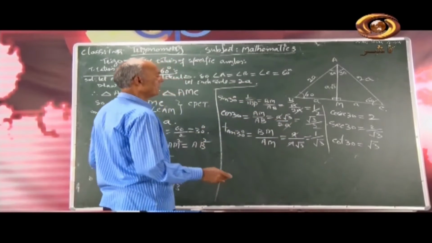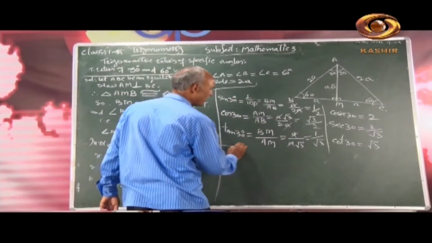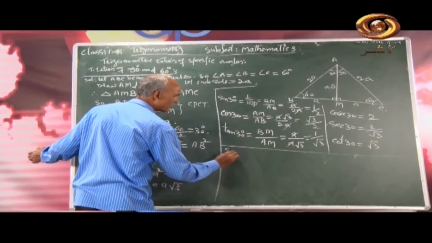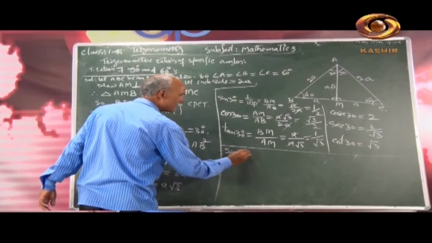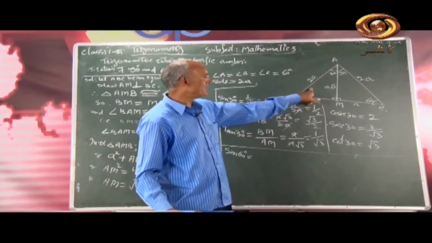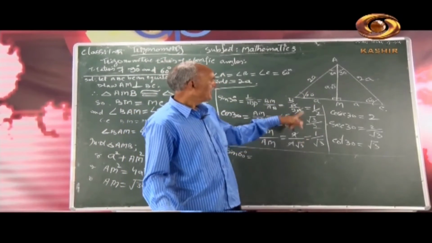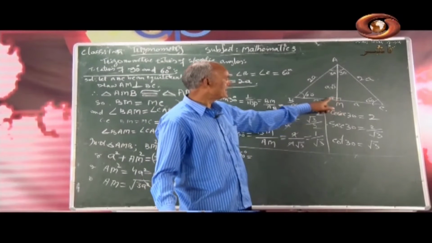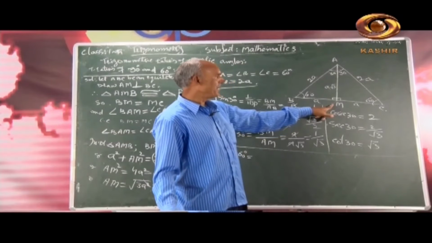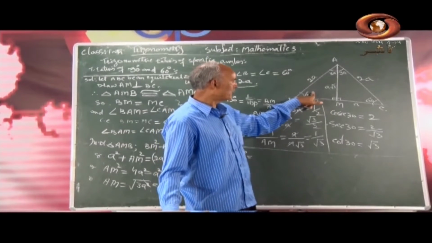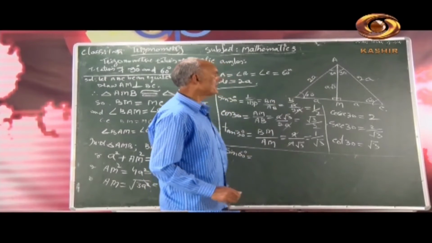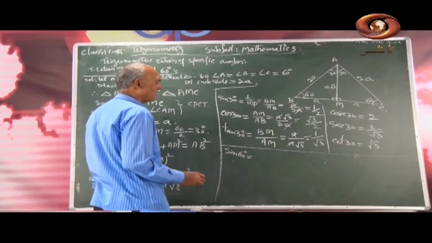Similarly, from the same triangle, we can find the trigonometric ratios of 60 degree. Say sin 60 first. This time we are considering the acute angle 60 degree. When we consider this acute angle 60 degree, this BM will be the base, because the side adjacent to this 60 is BM. The side against this 60 degree is AM, so it is perpendicular, and AB is always the hypotenuse because it is the side opposite to 90 degree.